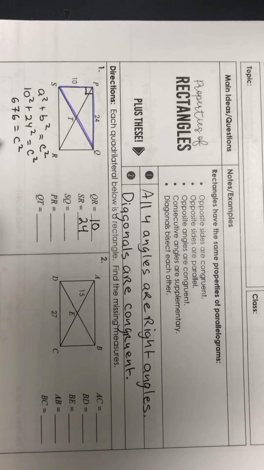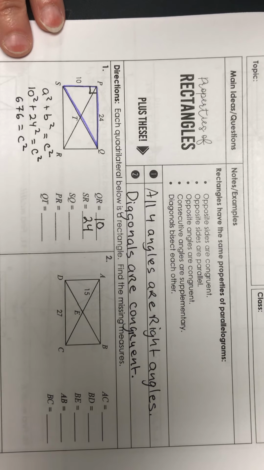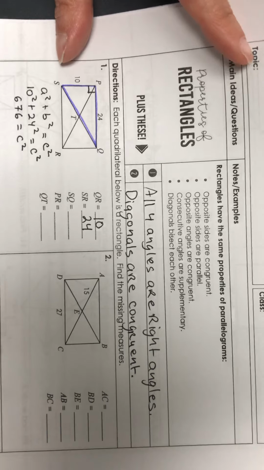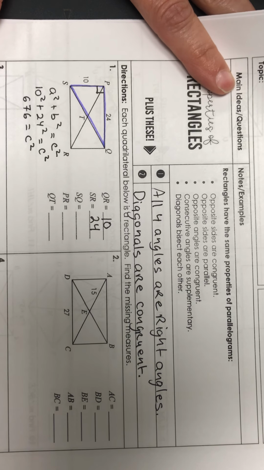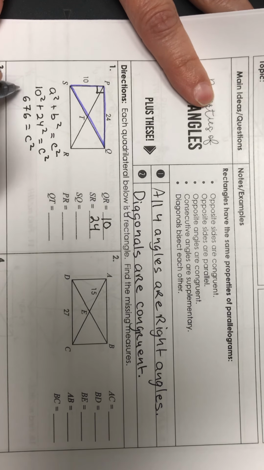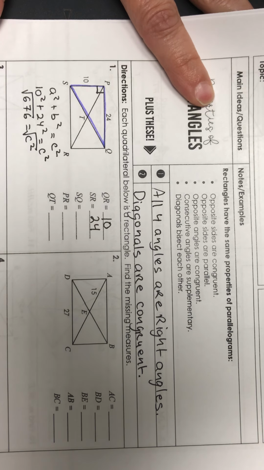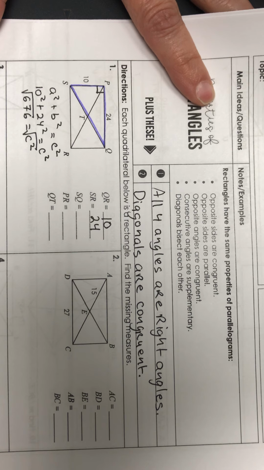Now, we've talked about this a number of times. To undo the square, or the inverse of squaring, is square root. So I am going to square root both sides. Okay, so if you're using a smartphone, you may want to turn it sideways so you get the scientific calculator.